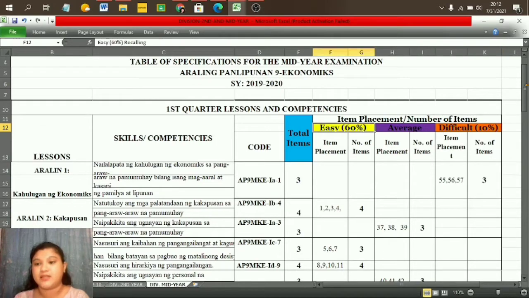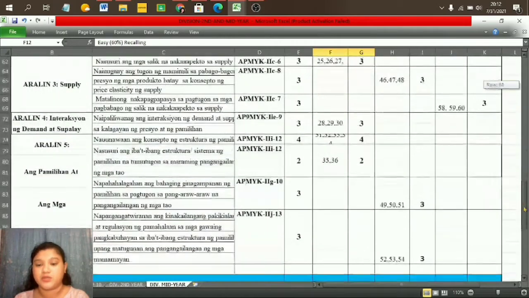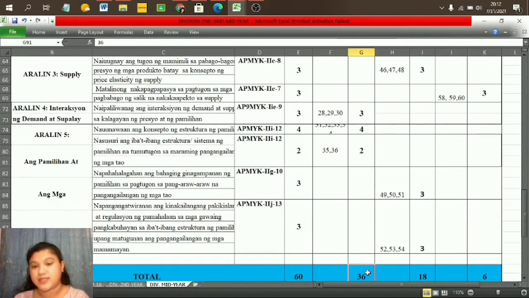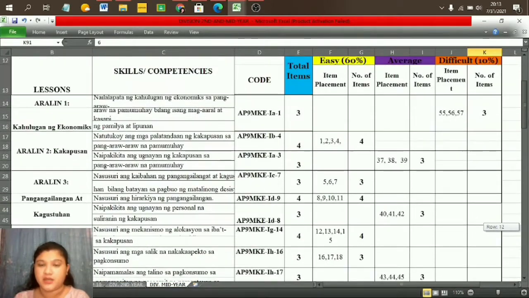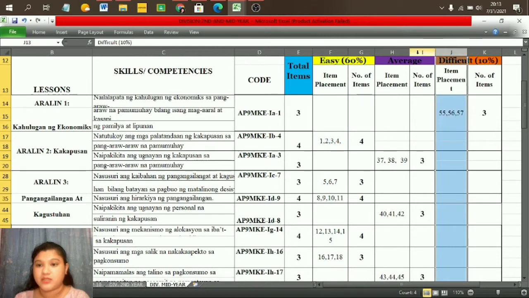So in 60 items, the easy ones would be around 36. The average would be around 18 items, and then the hard items would be 6 items in there. So in this one, we could see the item placements of each item.